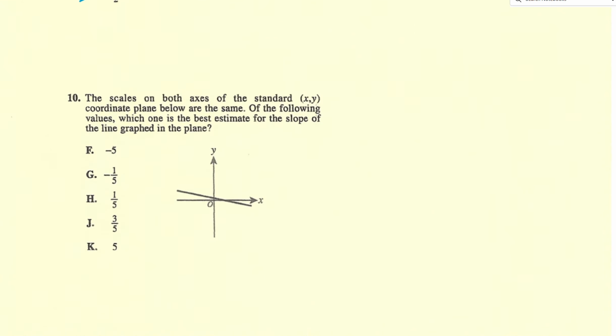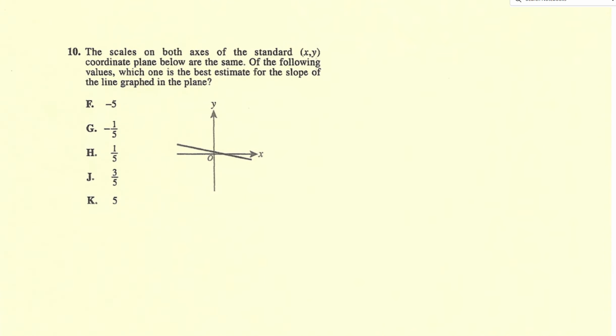Okay, let's take a look at this one. It says, what is the best estimate for the slope of this line? Well, first of all, it's skiing downhill. So since it's skiing down the slope, downhill, it's got to be negative. So it has to be F or G. So now we just have to think, do we rise or actually fall out of bed 5 and run 1?